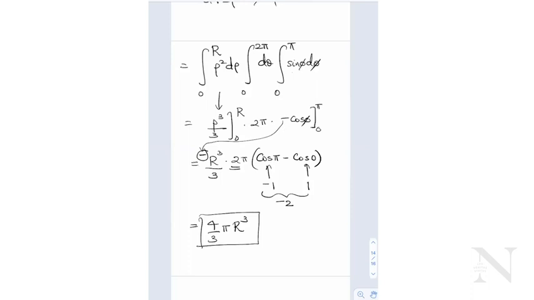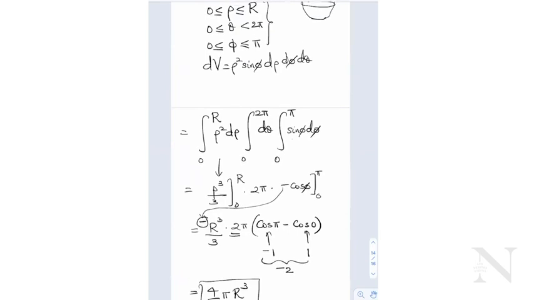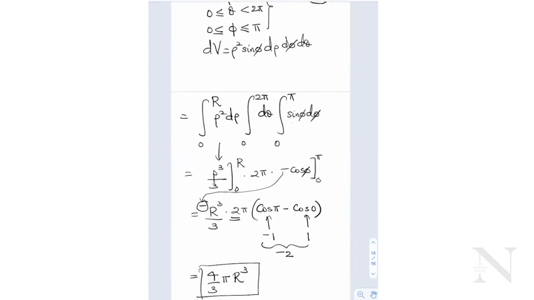Any questions on that? Now, if you try to put phi going from 0 to 2 pi, you're going to have a problem, because then the cosine of 2 pi is 1, cosine of 0 is 1, and they'll become 0. You get a volume of 0 for a sphere.